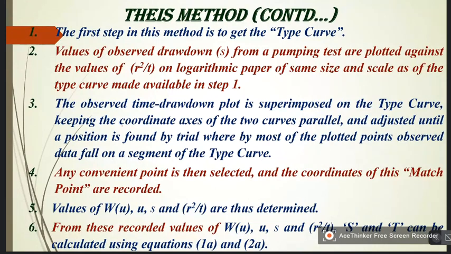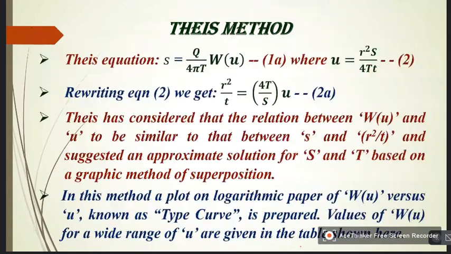From these recorded values of W(U), U, S, R square by T, S and T can be calculated using equations 1A and 2A. This is 1A. This is 2A. So what you do is, we have this value, and we have this value, and we have this value, and we have this value.